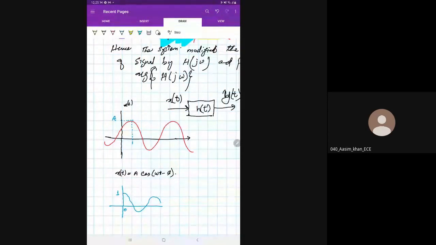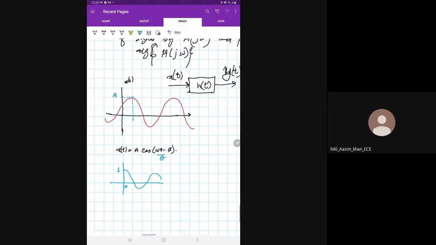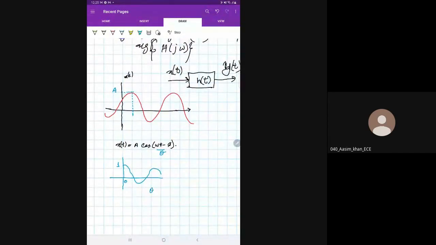So how much is the phase difference of theta? See, what is theta here? This is theta. If theta is equal to 0, it means omega t minus phi is equal to 0. So if we calculate t out of this, the peak will come at phi divided by omega.